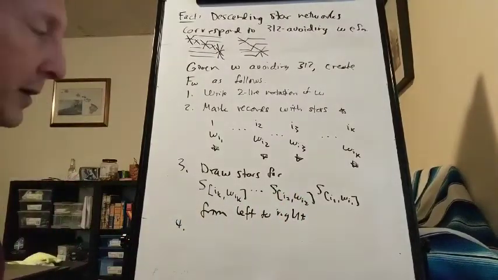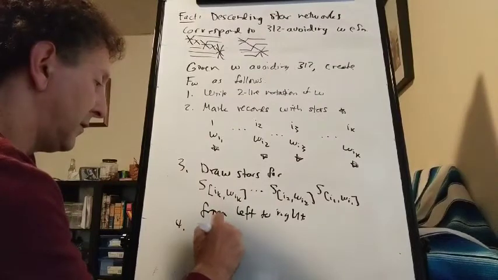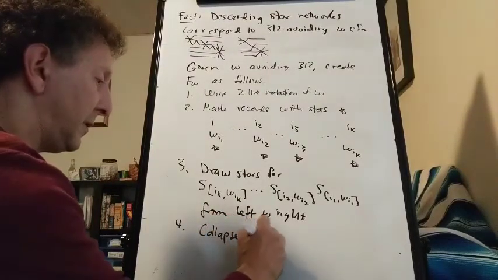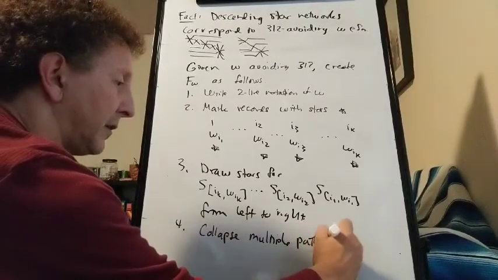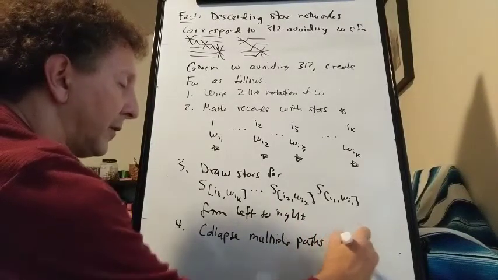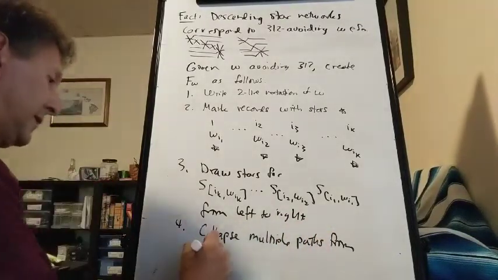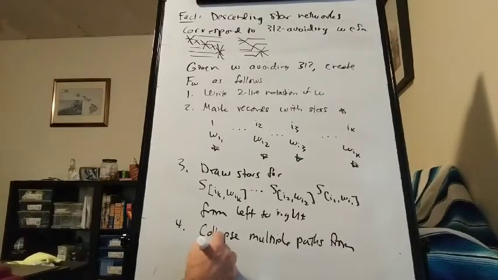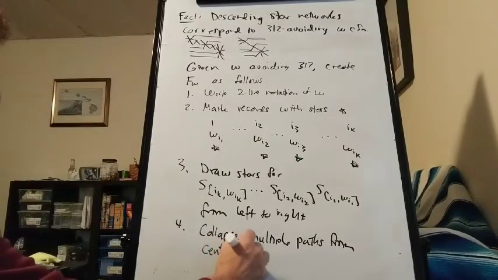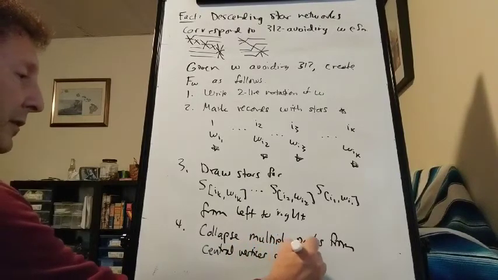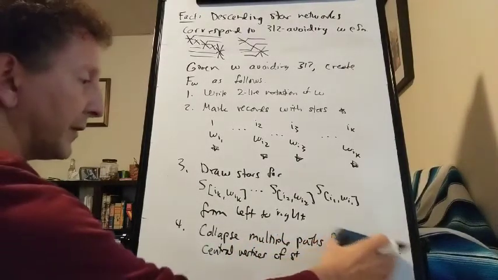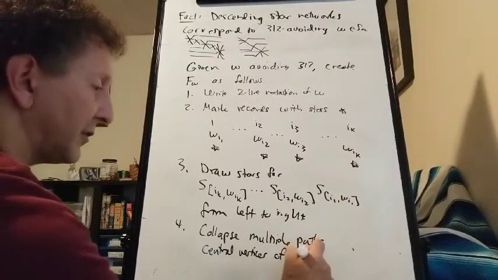And then we'll collapse multiple paths to and from central vertices of stars.